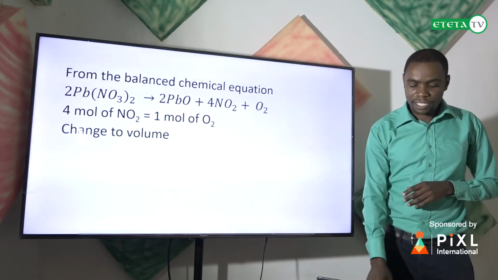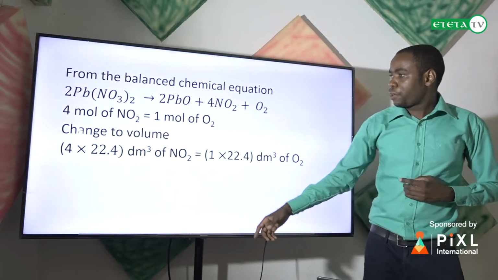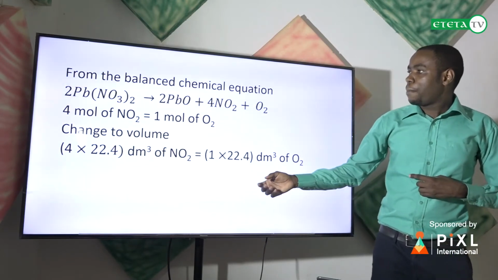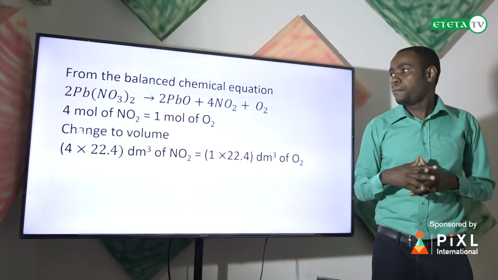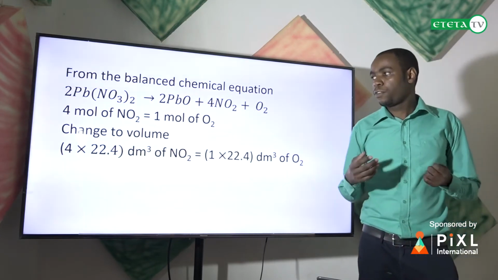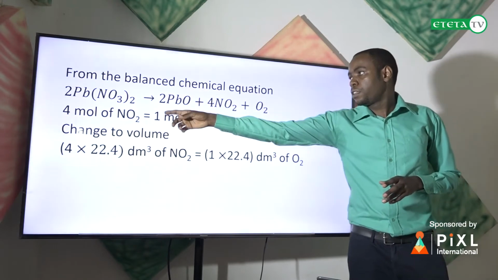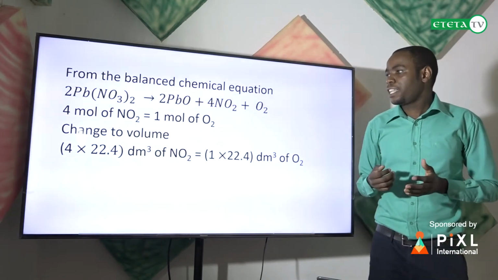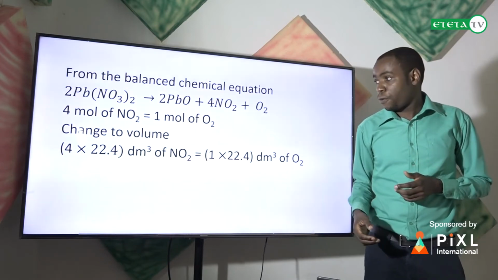How could you convert it? You can convert by taking the number of moles, then you multiply by the molar volume, and the molar volume is equal to 22.4. So you take it for the side of nitrogen dioxide, you take 4, then you multiply by 22.4.